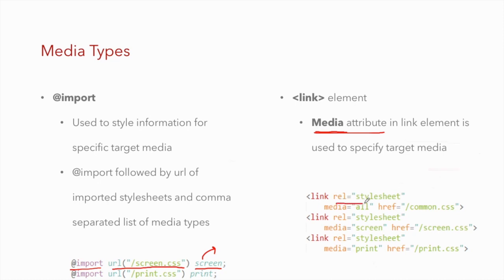You can specify the attribute rel equal to stylesheet, and in case you want the same CSS to be applied to all the media types, you can write media equal to all. Or in case you want to apply a CSS to a certain screen type, then you can write something like this. So in the second example, I have specified media equal to screen, and in the third example, I have written media equal to print. So this particular CSS will be applied only to the print media.